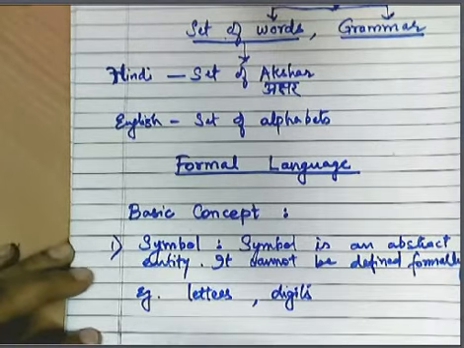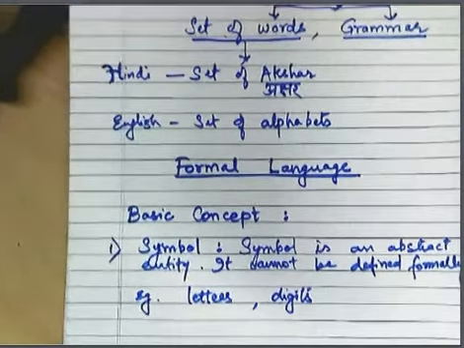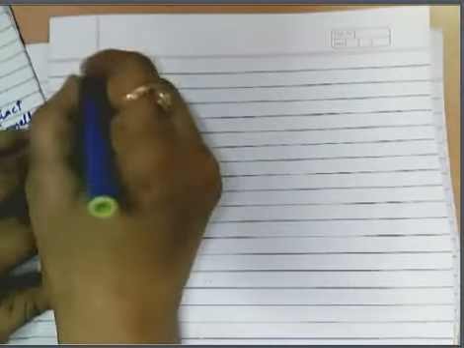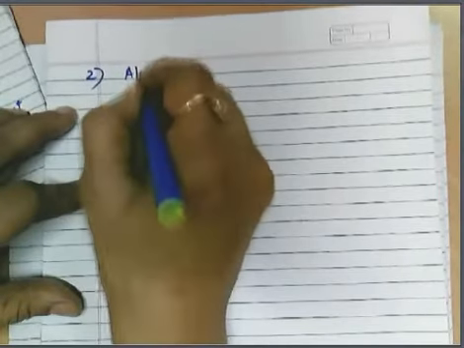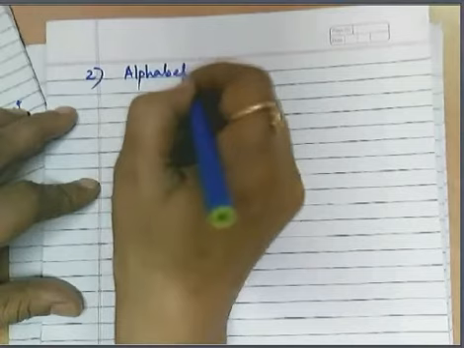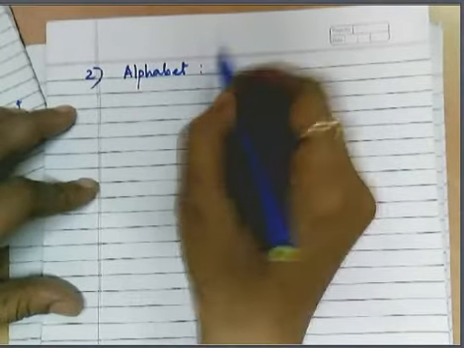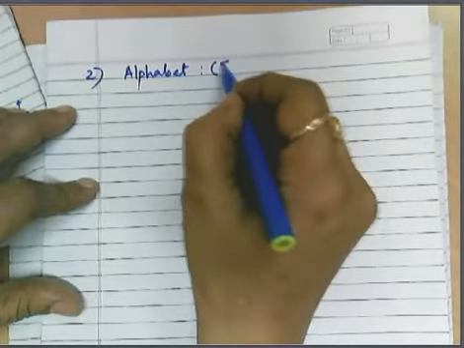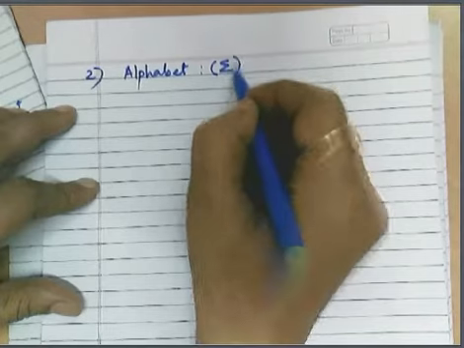Then the second definition which we are going to learn is the alphabet. How do we represent it? The alphabet is denoted by the summation sign.